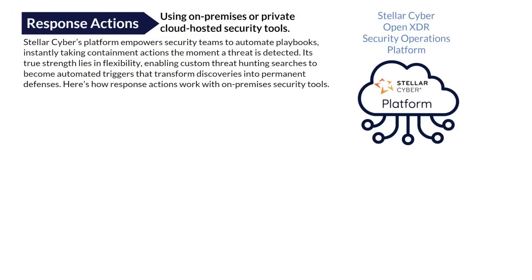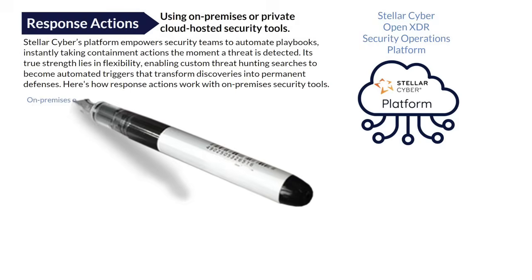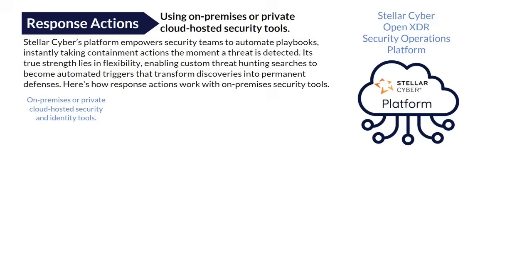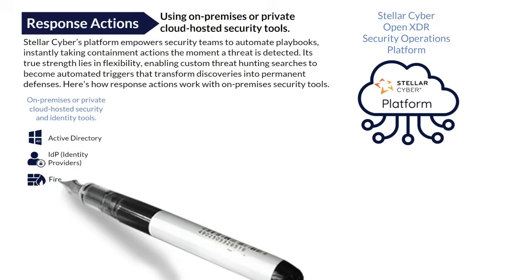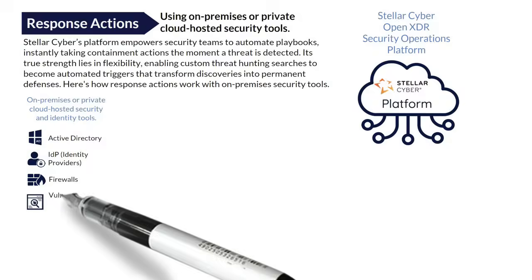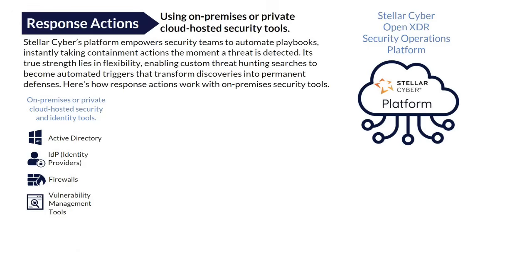In this example in the company network, there are on-premises or private cloud-hosted security and identity tools such as Active Directory, other identity providers, IDPs, firewalls, and vulnerability management tools. On the right, there is a Stellar Cyber Platform instance that is available as SaaS, private cloud, or on-premises.